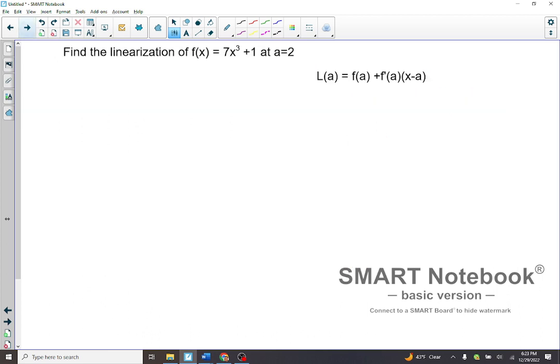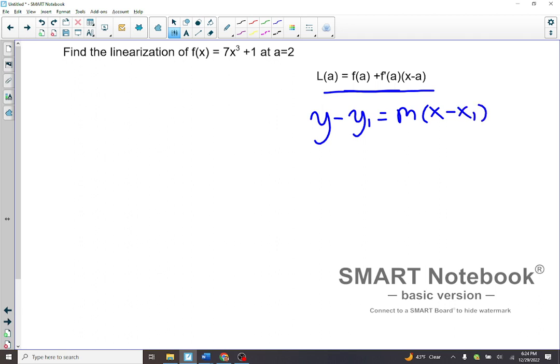Okay. Next one, linearization. So find the linearization of f of x equals 7x cubed plus 1 at a equals 2. So this is the linearization formula. I want you to know the linearization formula is similar to if you had y minus y1 equals m times x minus x1.